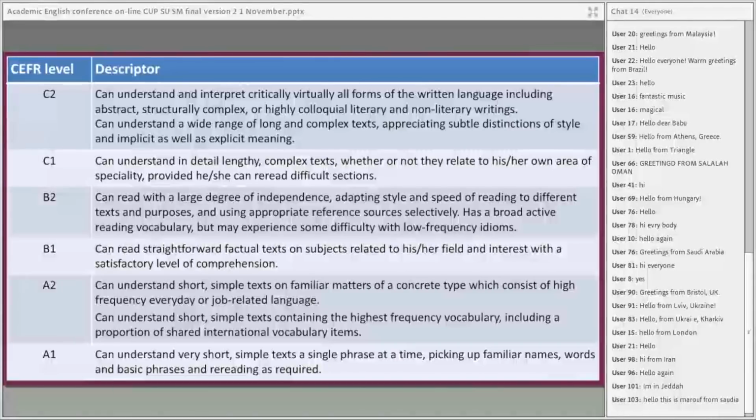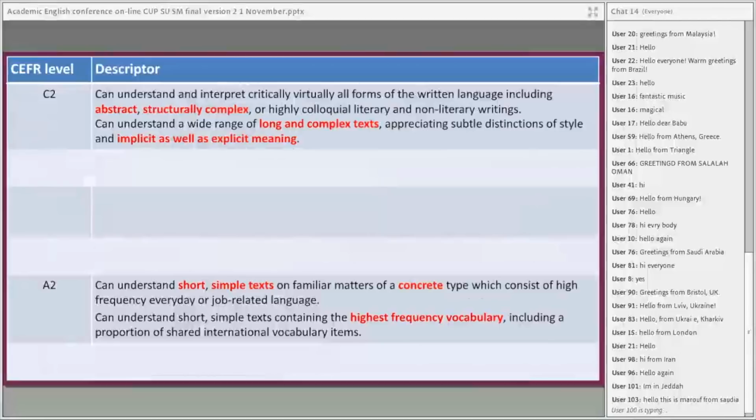The CEFR is probably the best known and most widely used functional model. So here on the screen, we have the overall reading descriptors, and each of them shows the task types, the text types, and the context of use that language users are able to handle at each level. But let's focus on two levels in particular.